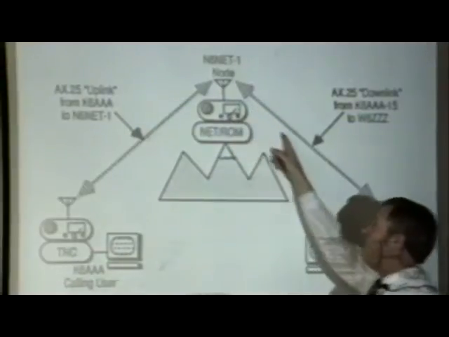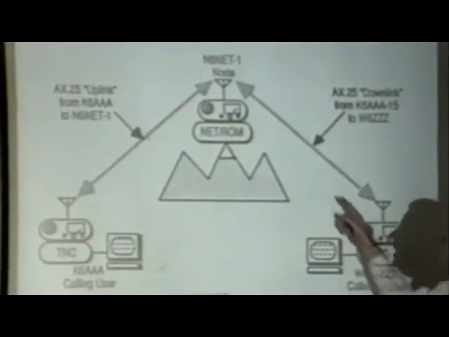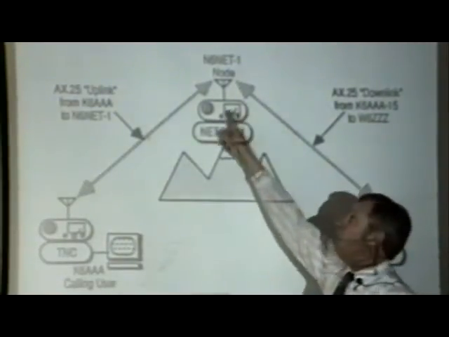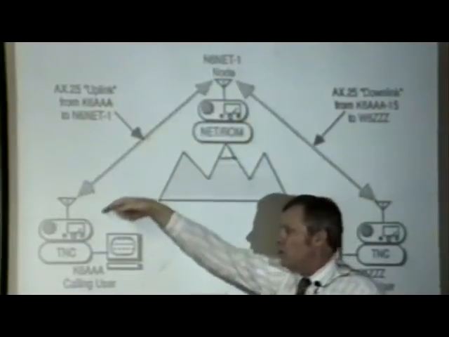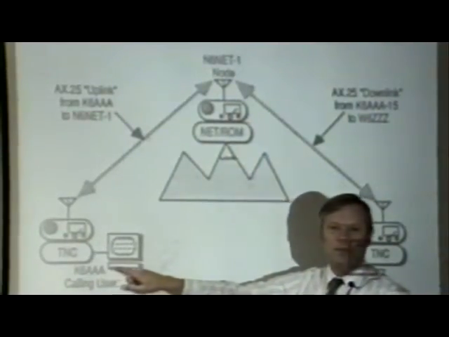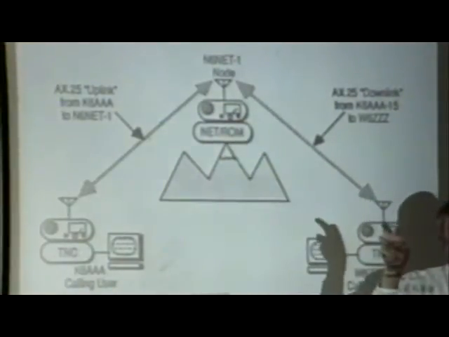So -15 comes out. You will see W6ZZZ sending a UA to K6AA-15, and then you'll see this call sign sending a packet back to K6AAA. So that's why the node will put a -15 on the call, to keep this half separate from this half.